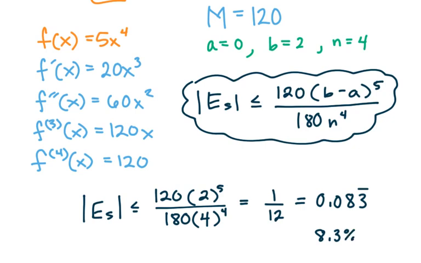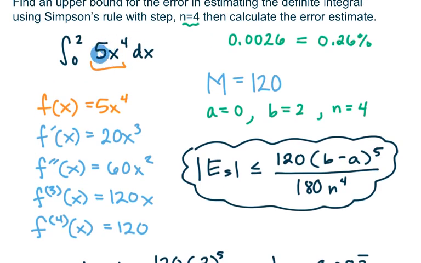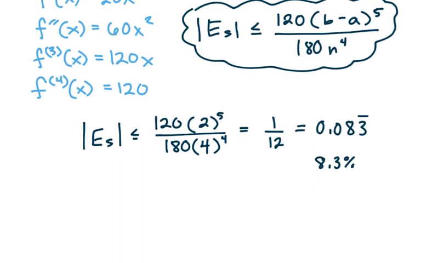And of course, it was much less than that, because in the previous example we were able to calculate the exact value of this integral, and using our Simpson's rule approximation, we were off by less than 1/3 of a percent. But this is just saying that if I use Simpson's rule to approximate the integral, I will be within 8.3% of the exact integral value.